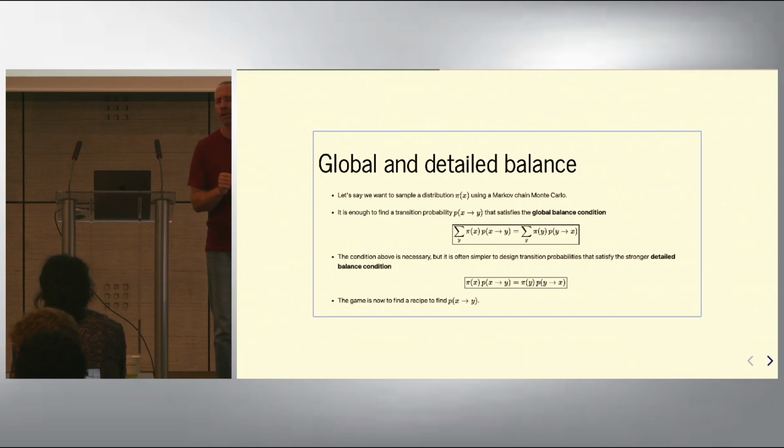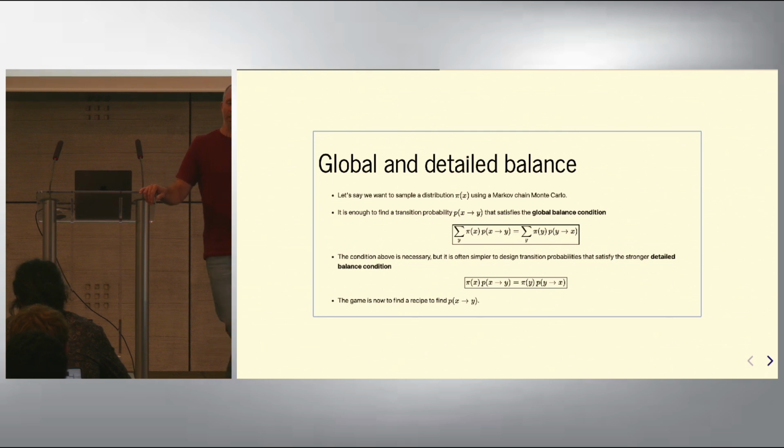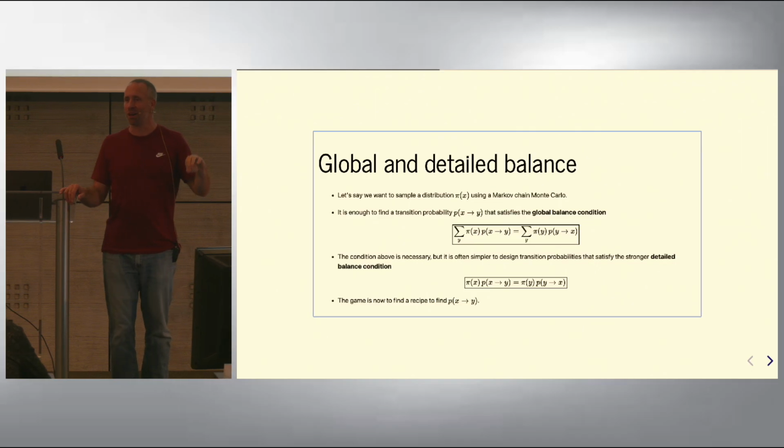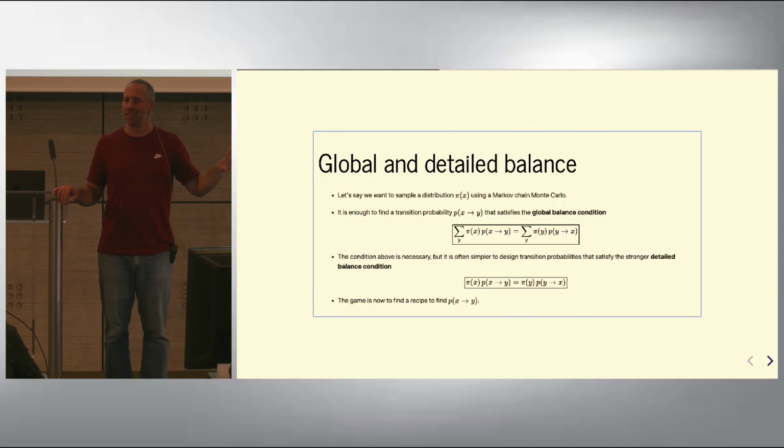Does relaxing the detailed balance condition to the global balance condition in principle allow for any advantages? Yes, it's a very good question, and funnily enough, algorithms that only satisfy the global condition generally work better than the ones that need to satisfy the detailed balance.